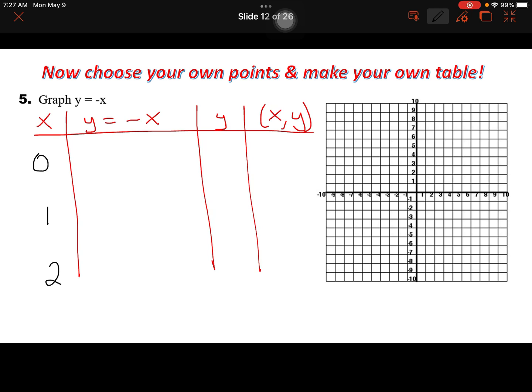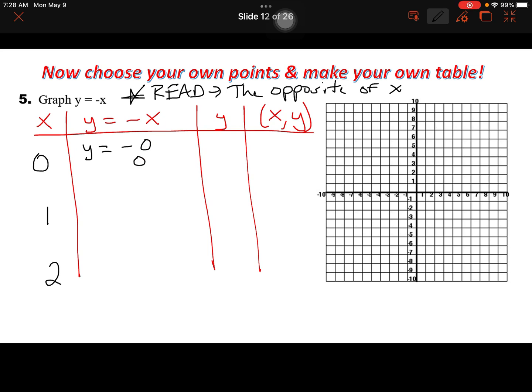All right, now what I want you to notice here, and I want you to put a star next to this one, is this is once again read as the opposite of x. It's not saying negative x, okay? And so when we plug this in for the first one, you can't have negative 0, so this is just 0.